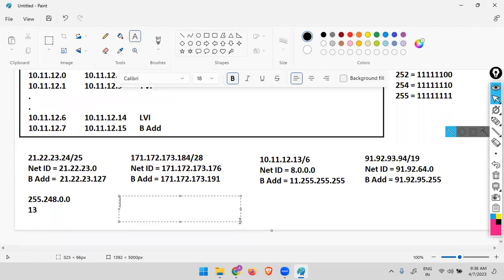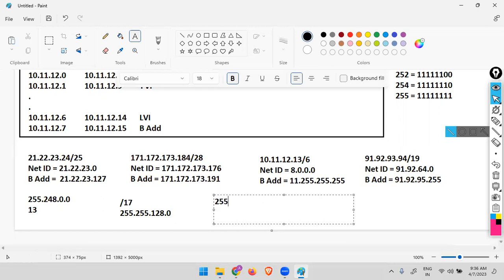What if the slash value is 17? What is the subnet mask? 255.255.128.0, because 8 plus 8 is 16, only one bit extra. Right.